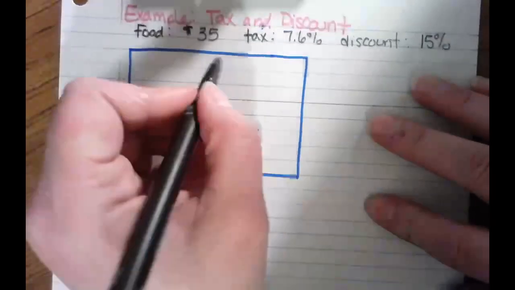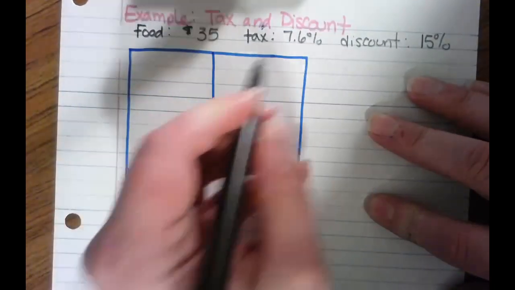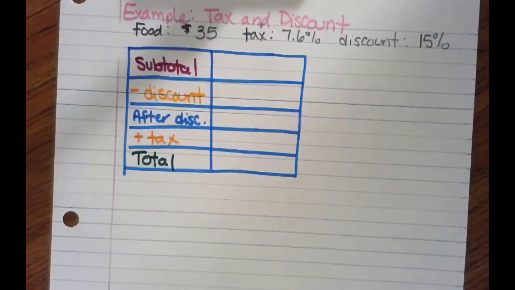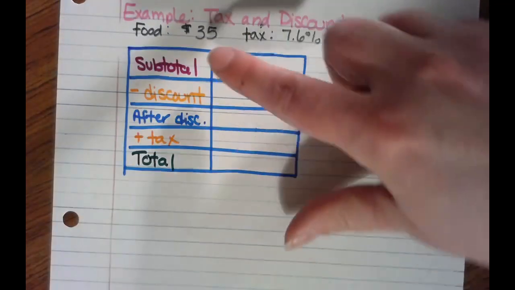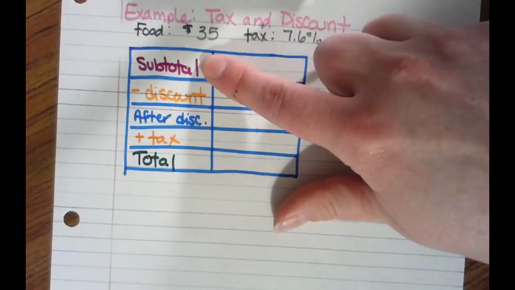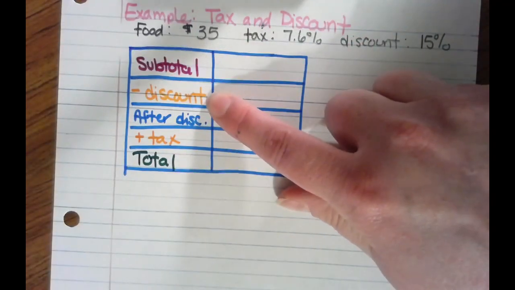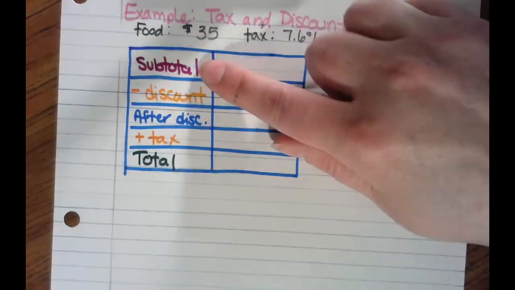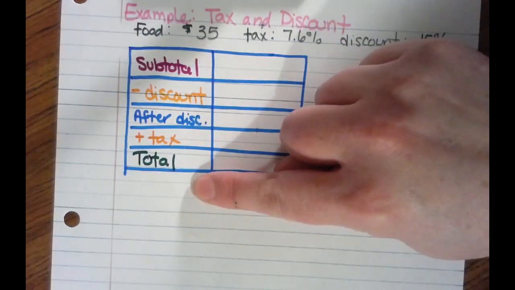So let's do a total of 5 rows on this one. So when you have something like this, we start with our food. We have to take the discount off first, and then we have to figure out what is the price after the discount, because that is the price we're going to be taxing. Okay, so I just gave some little things here to help us kind of move down the list.